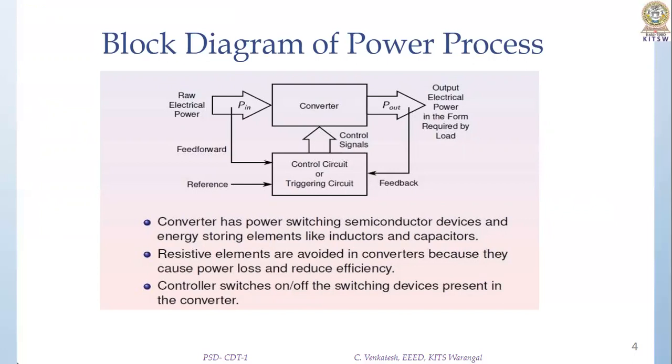Accordingly, we calculated the average voltage, average current, output power, input power, and power factor for various converters like controlled rectifiers, inverters, buck boost converters, cycloconverters, and AC voltage regulators.